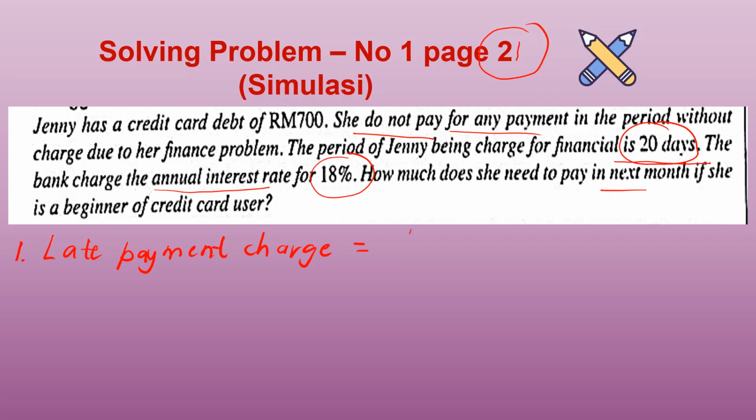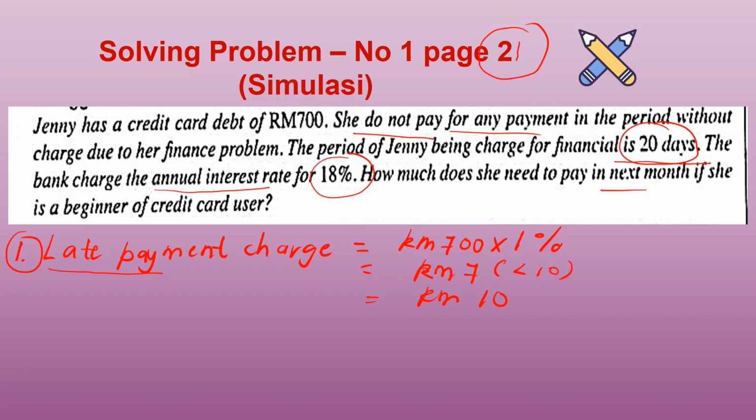So the late payment charge is the outstanding balance times 1%. You will get RM7. 7 is less than 10 ringgit. Remember, this is late payment, and the late payment minimum must be 10 ringgit. So you take 10 ringgit, because 7 is less than 10. That one is the first one.